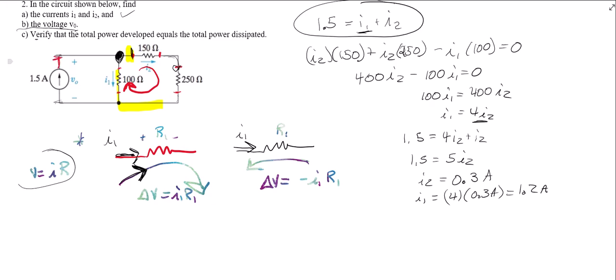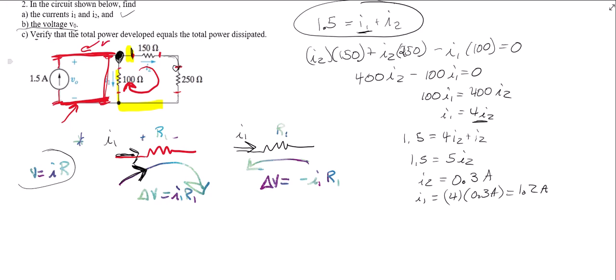If I look at my current source right here, and I look at this resistor right here, then I see that they're connected right here with nothing in between them. They're connected right here with nothing in between them. So these have to be at the same voltage, whatever voltage they're at, and these have to be at the same voltage, whatever voltage it's at.